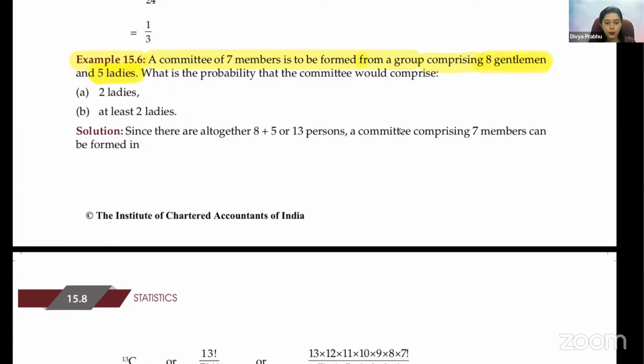Out of that group, you have to form a committee of 7 members, which means how many selections do you have to make? 7, correct? So you're making more than one selection, which is why you apply combination here. What is the probability that the committee would comprise, we will just solve the first part now, exactly 2 ladies? Will you understand?